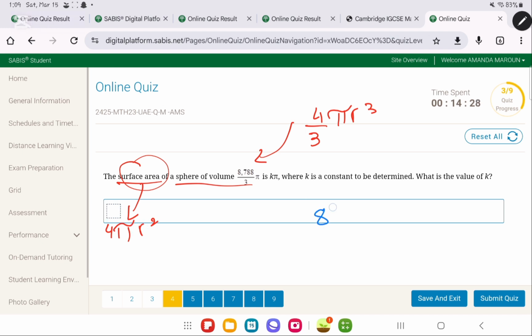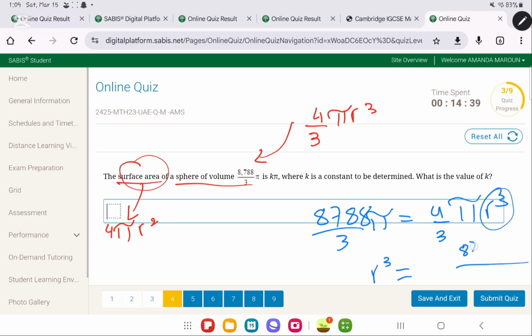We're going to do 8788 over 3 pi is equal to 4 over 3 pi r cubed. Keep r cubed by itself, it becomes r cubed is equal to 8788 over 3 pi divided by 4 over 3 pi. Now you can cancel pi and pi, 3 and 3. You are left with 8788 over 4.